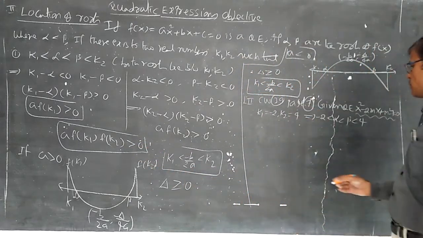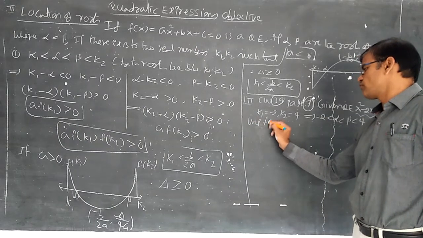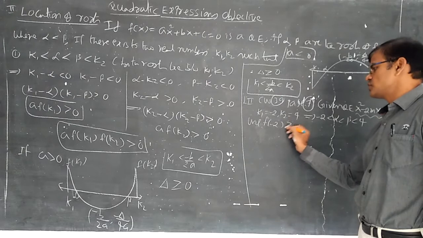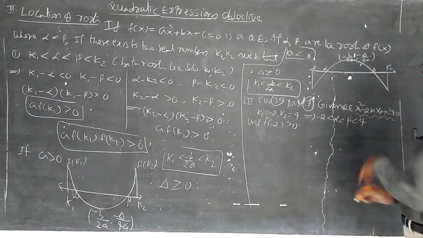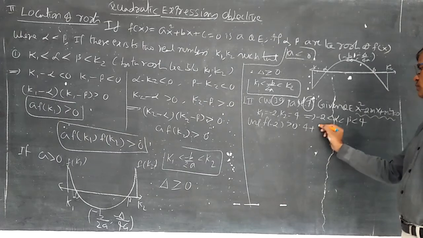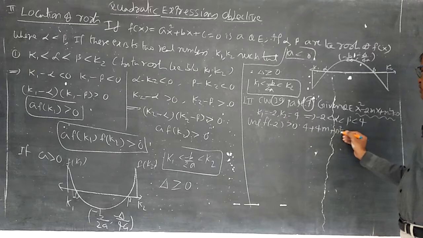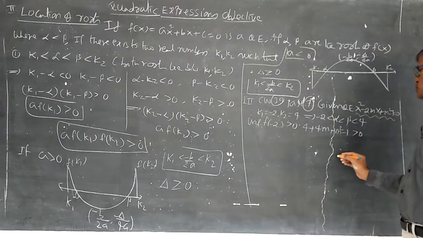Better to do separately. Now use f of minus 2 greater than 0. Substitute here, it becomes 4 plus 4m plus m square minus 1 greater than 0.